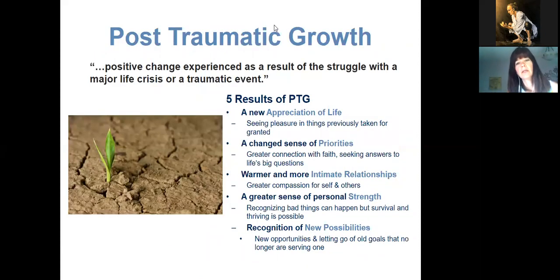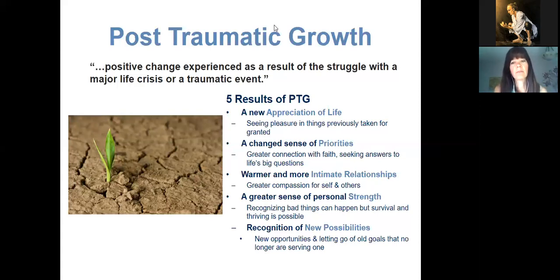Here, I'll say quickly something about post-traumatic growth. Many of us don't know about this, but we all know about post-traumatic stress. Post-traumatic growth is very well researched. What it says is that in our struggle to find a new normal during and after adverse events, we can actually develop in ways that we wouldn't have before.